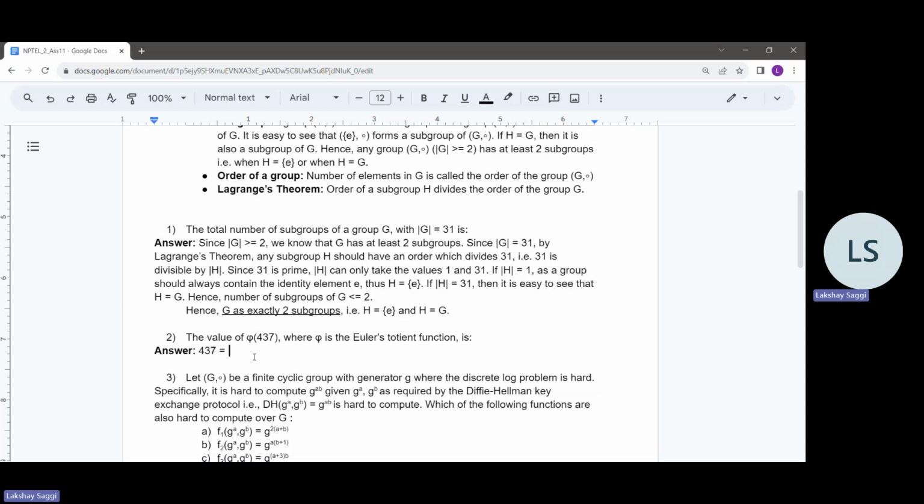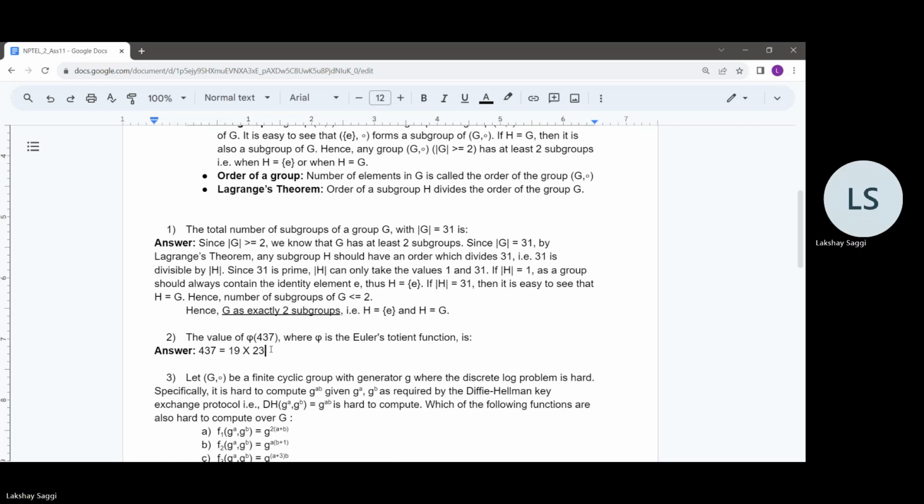What are the prime factors of 437? 437 can be written as 19 times 23. So this is the prime factorization of 437.